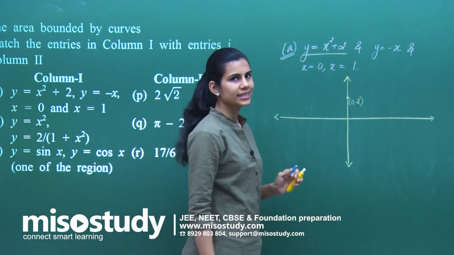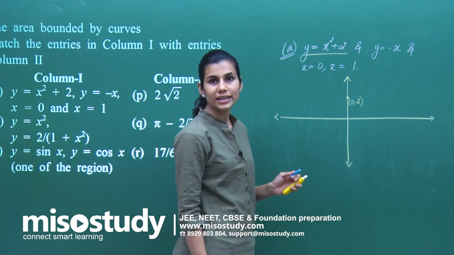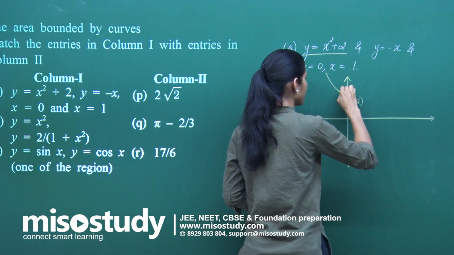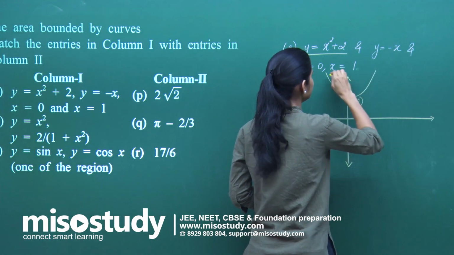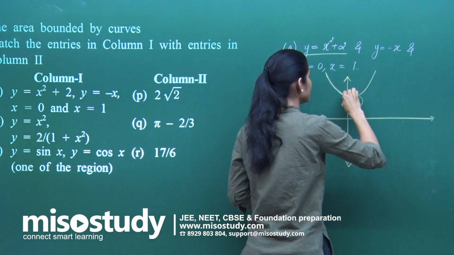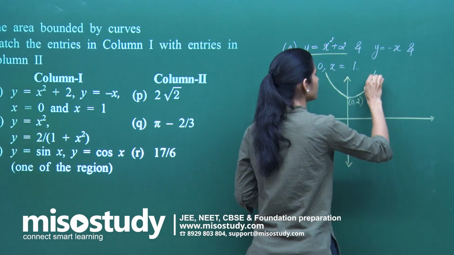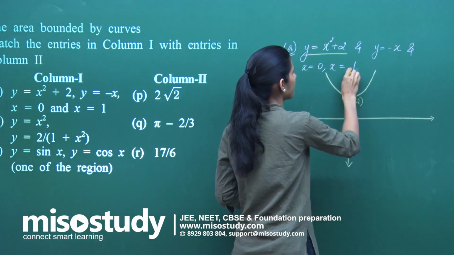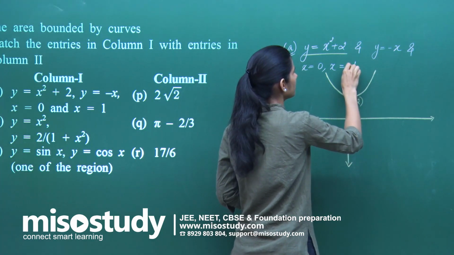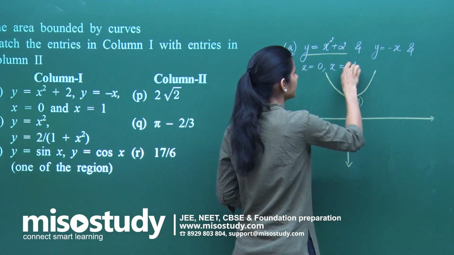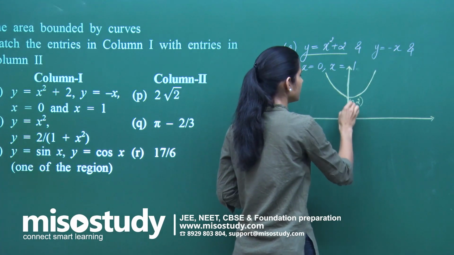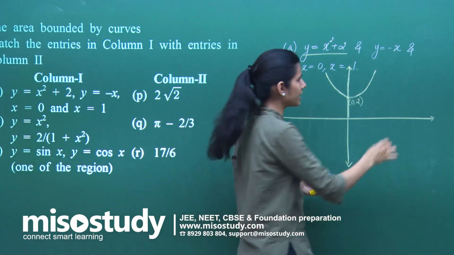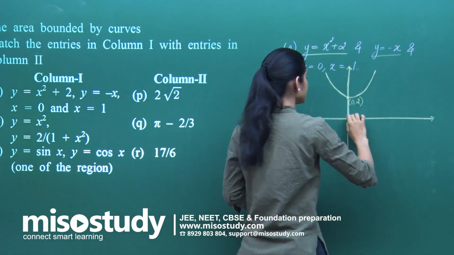And of course, it is an upward opening parabola. If I talk about y equals x square, I compare it with it. So you will be getting this as the figure corresponding to y equals x square plus 2. Is it clear? Okay. Next, if I talk about y equals minus x, it is this line.